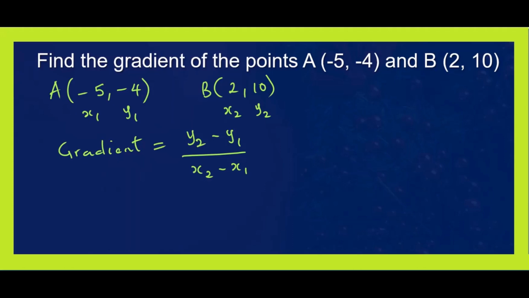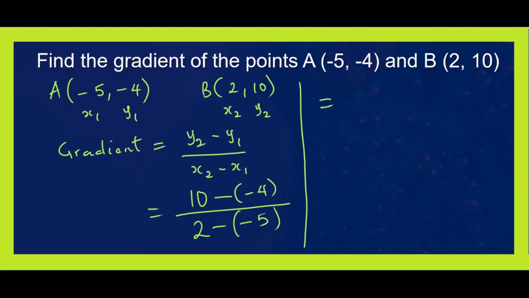So in this case our y2 is 10, so we write 10 minus, and our y1 here is minus 4. We have to put that minus 4 in brackets, divided by our x2, which is 2, so we have 2 minus, and our x1 is minus 5, so we need to put the minus 5 in brackets.